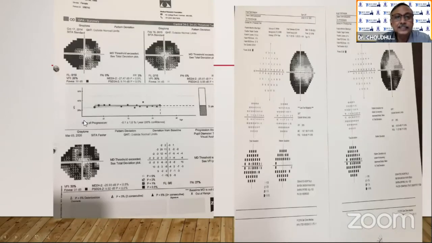On the left side, this is a field test that started in 2014. Still in 2020 it looked standard, with a slow rate of progression. It hasn't deteriorated, or there are only slight changes. In these cases, you wait. But on the right side, there was a pre-operative field in January and March.